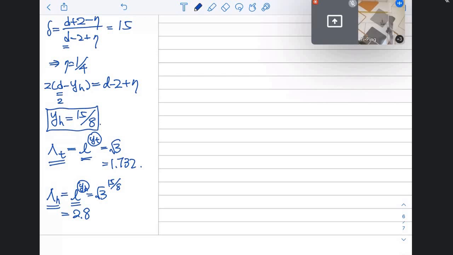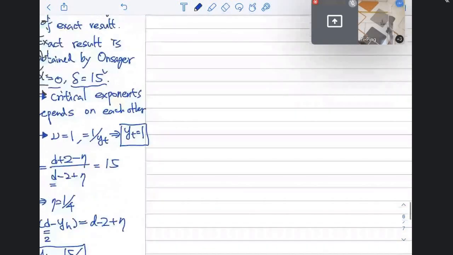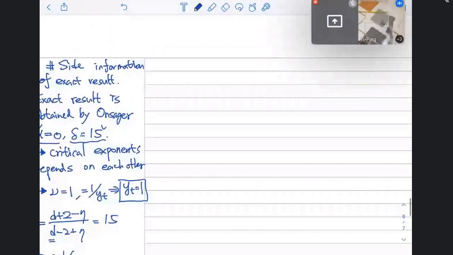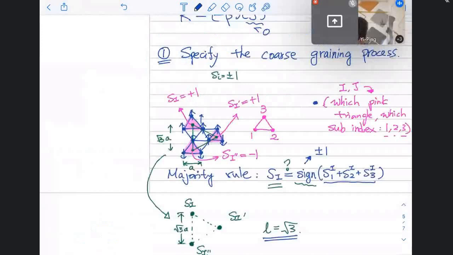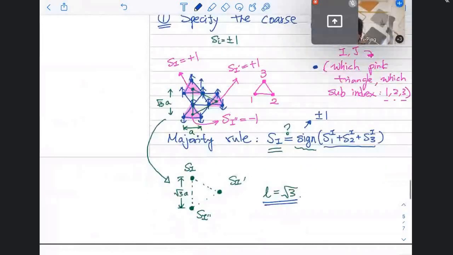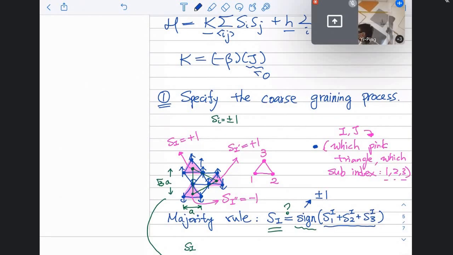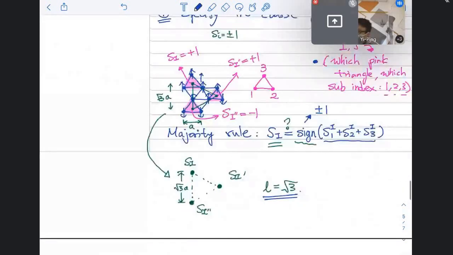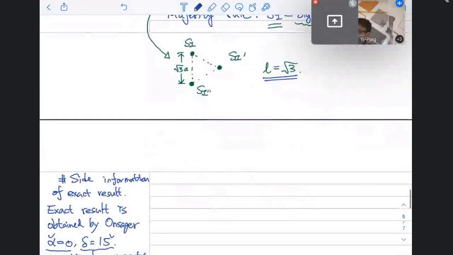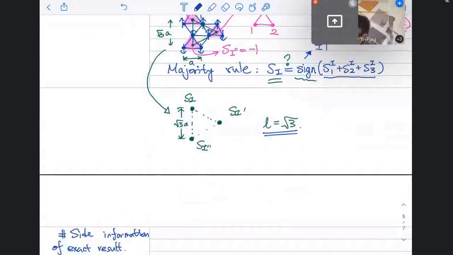So we have set our stage, and let's try to move on. We basically defined the coarse-graining process in our previous step, even though at this moment it looks quite suspicious, like why I can coarse-grain in this way. So let's try to move on and take this as a valid approximation.